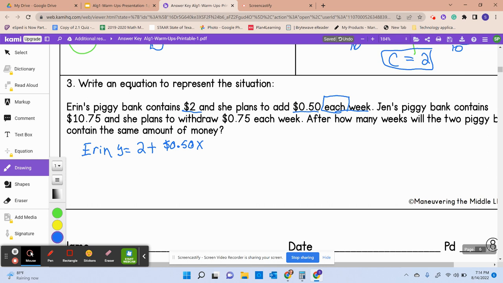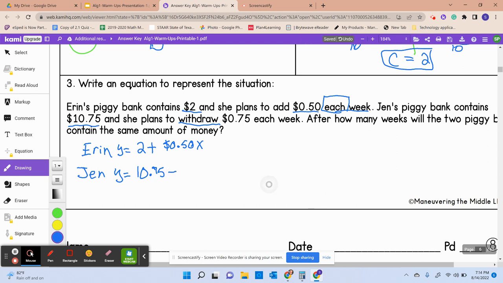Okay. And then Jenny's piggy bank, it contains, ooh, Jenny's got more money. Jen's piggy bank contains, so here we go, $10.75. And she plans to withdraw. What does withdraw mean?